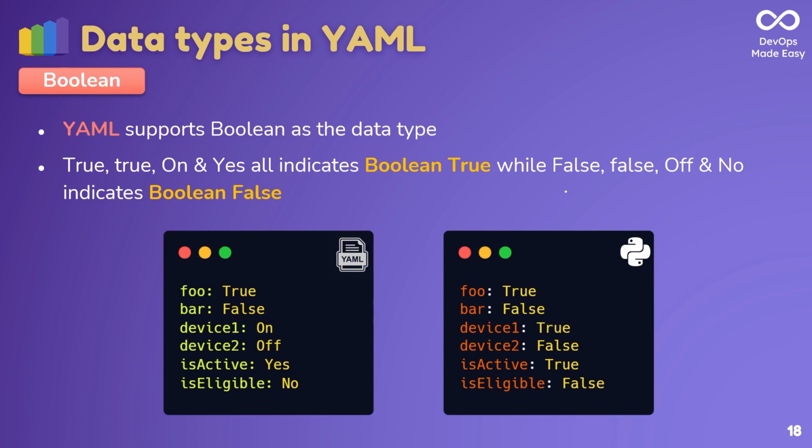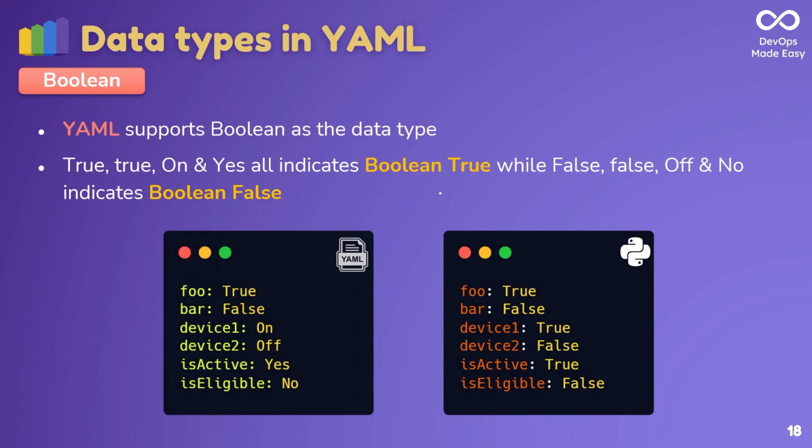So I can use capital false, small f false, off with capital O, small off with small o, no with capital N, no with small n, all indicate the same thing, which is false.